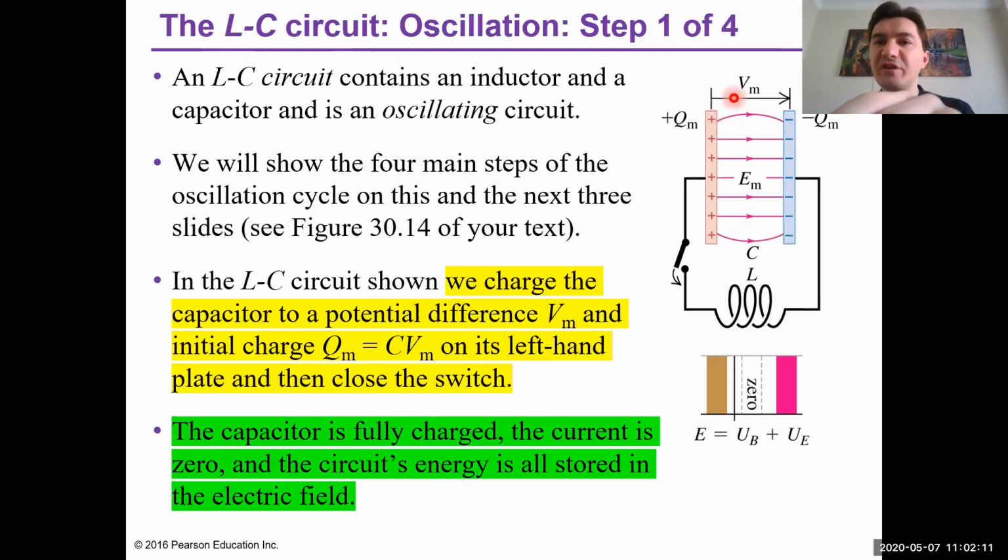So we have maximum potential difference, and here we have an electric field between the plates. So what happens if I close that switch? This is the question. And what about the energy relation?